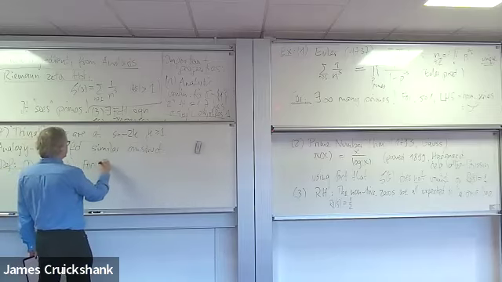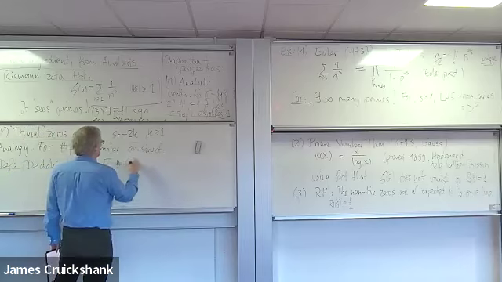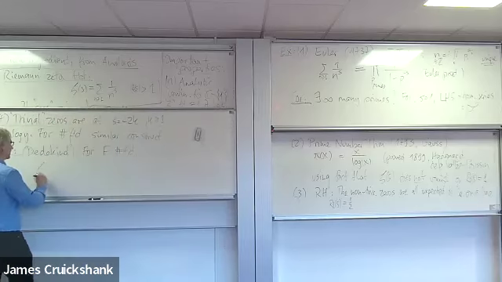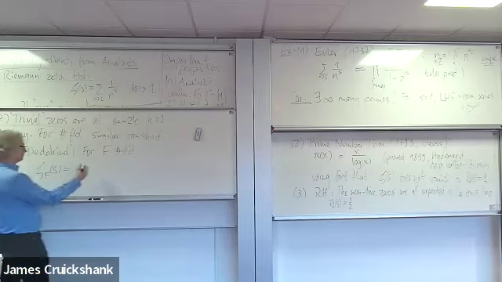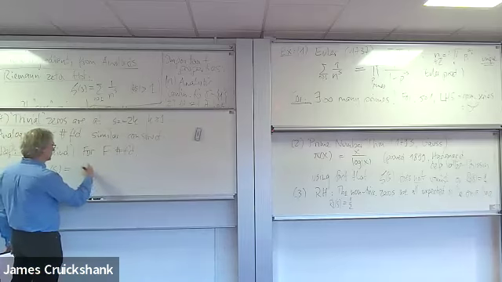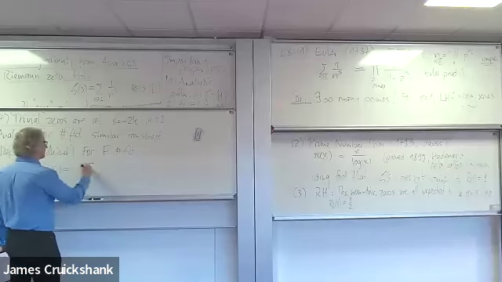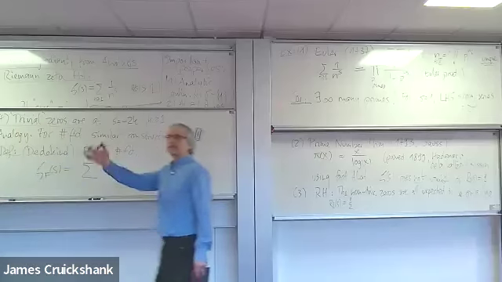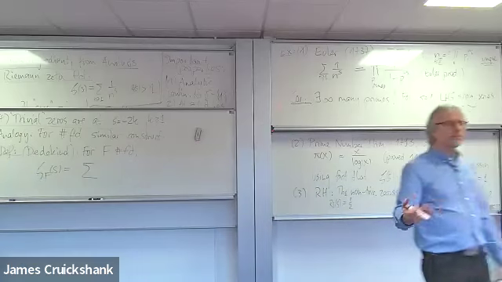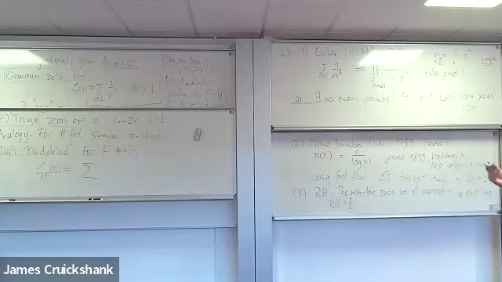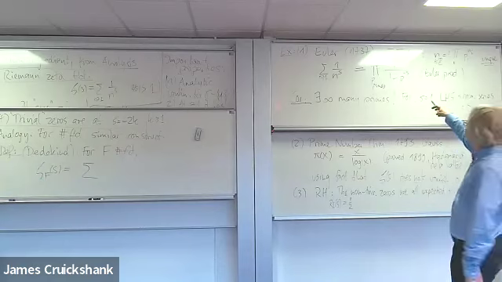So for a number field F, we put zeta F of s as, let's say, the sum. So what would we like to do? We'd like to take the sum over all integers in that ring, just like what we did here.